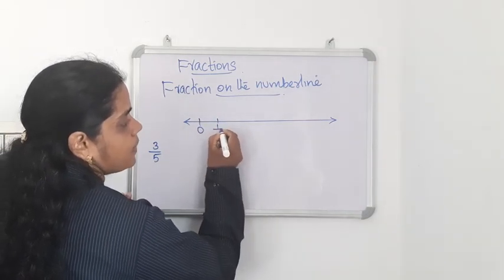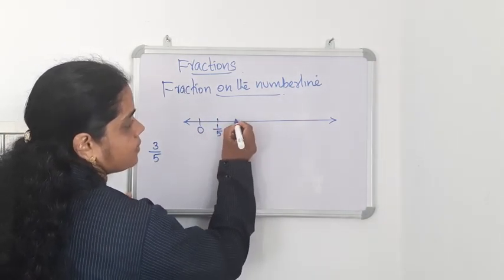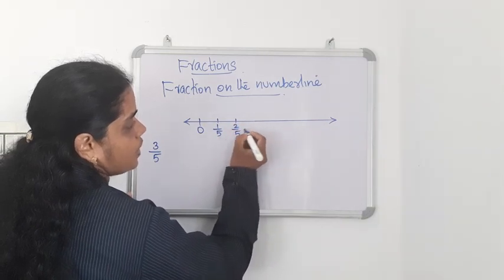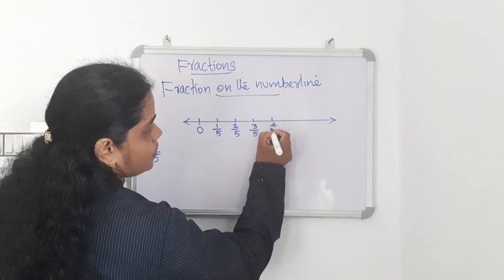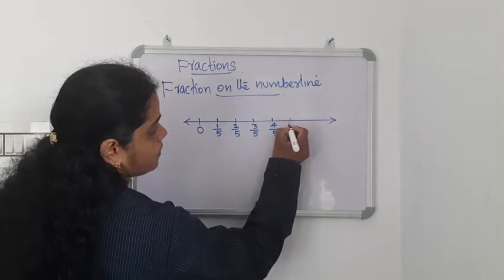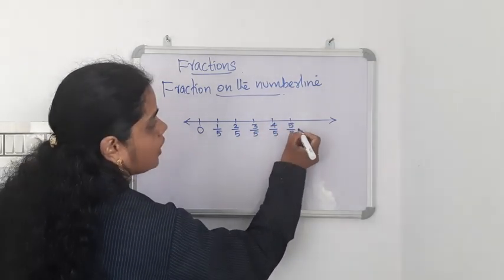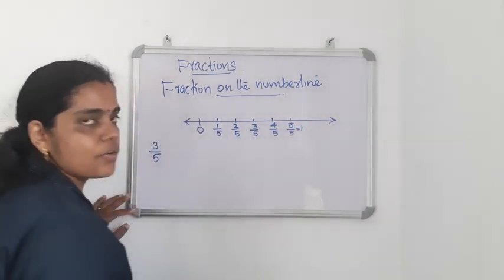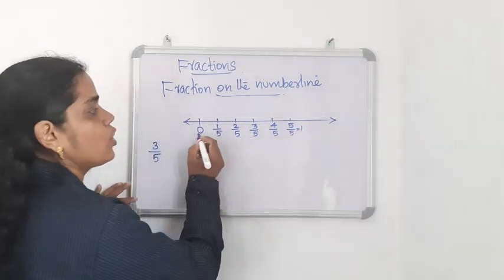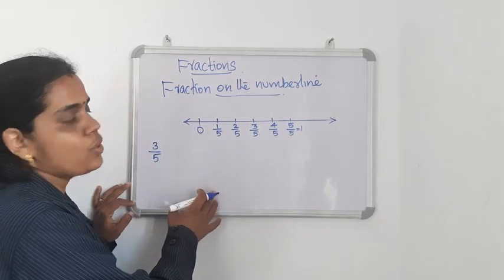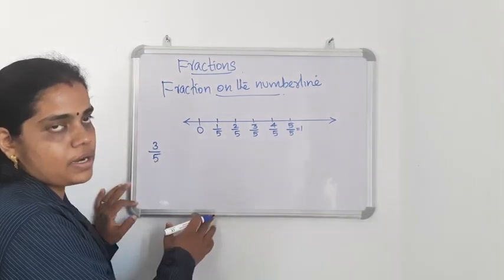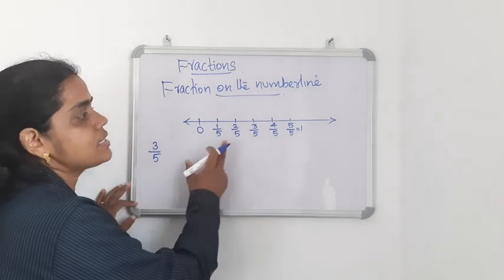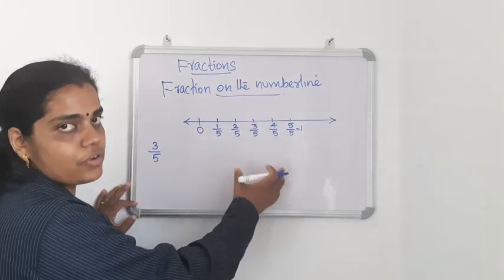Then, equal parts mean 1 by 5, 2 by 5, 3 by 5, 4 by 5, 5 by 5, all of you know it is 1. Okay, 0 by 5 is 0. So according to the denominator, you need to split the number line.